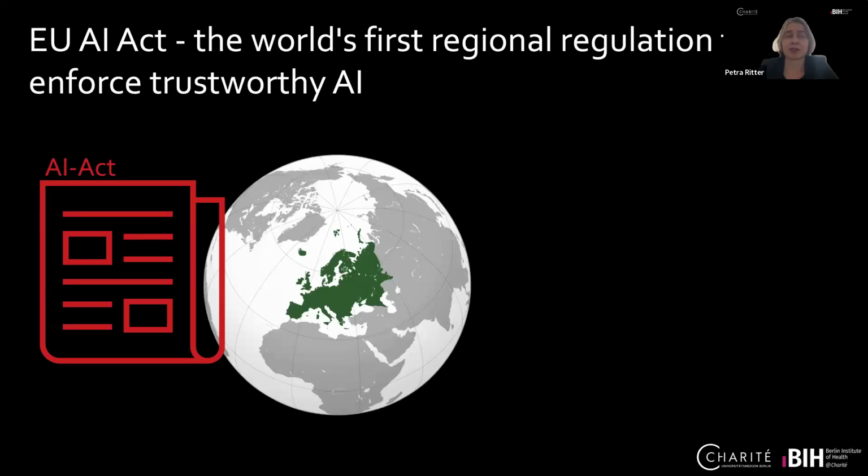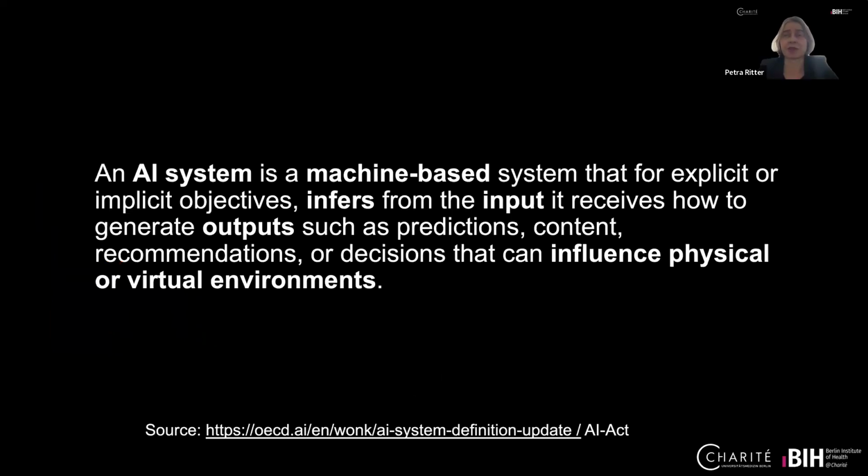It came into force on August 2nd this year. It now has a grace period, but for many AI systems it will be applicable in the year 2026. So let us have a look at the definition of AI according to the European AI Act.